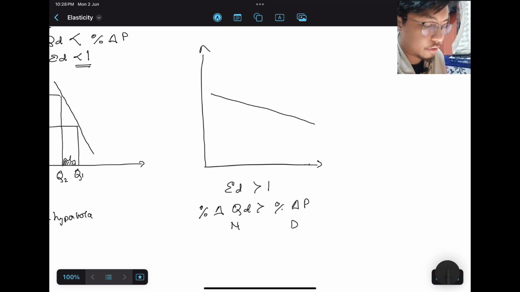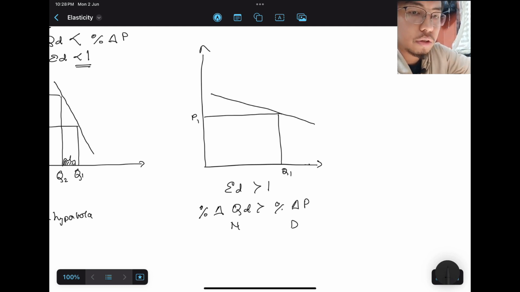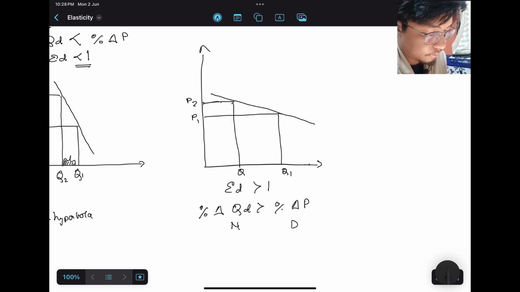Now just look for yourself. P1, this becomes Q1. I'm sorry, P1, then P2, Q2.